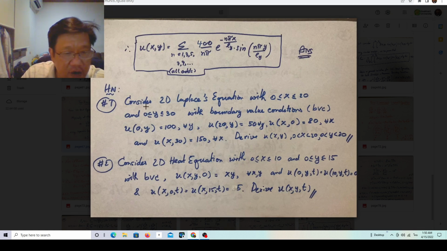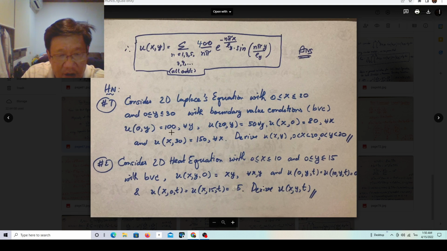Consider the two-dimensional Laplace equation with x in a finite range from 0 to 20, and y from 0 to 30, with boundary conditions. Suppose that we have all constants here: 100, 50, 80, 150. You know that x is not reaching infinity; all boundaries are finite, but you just have a non-zero constant for each boundary.